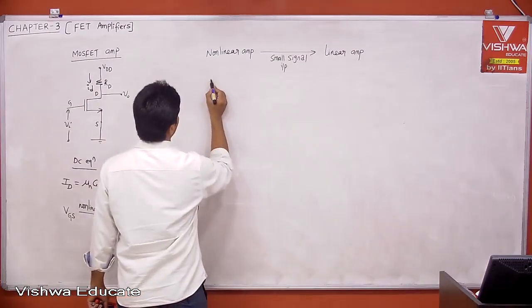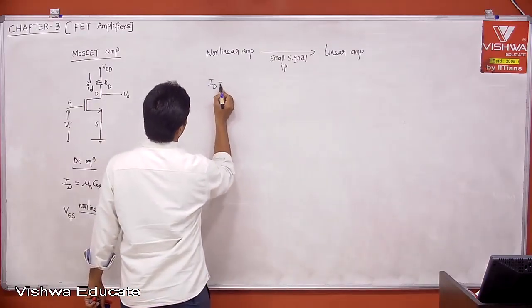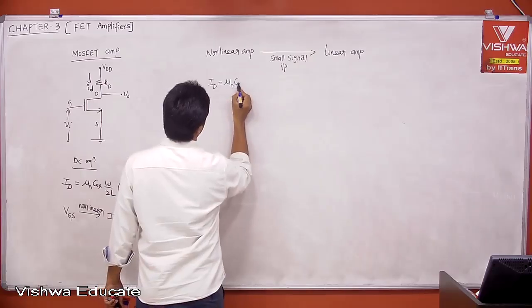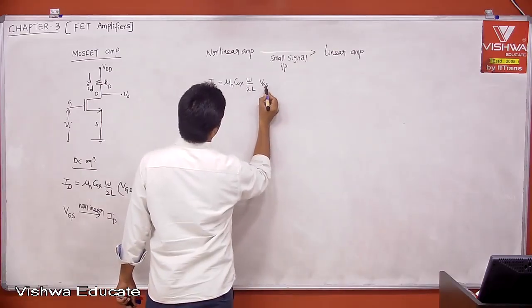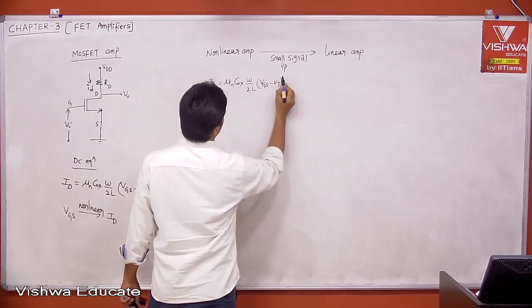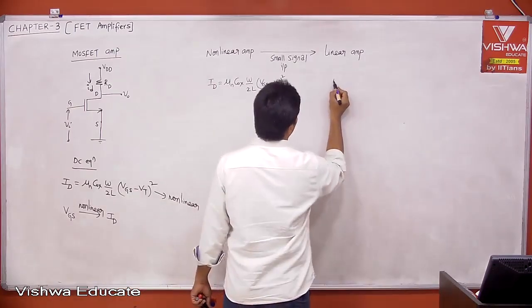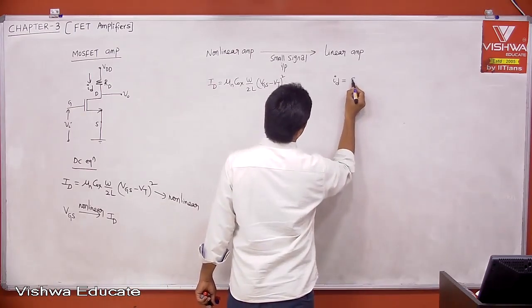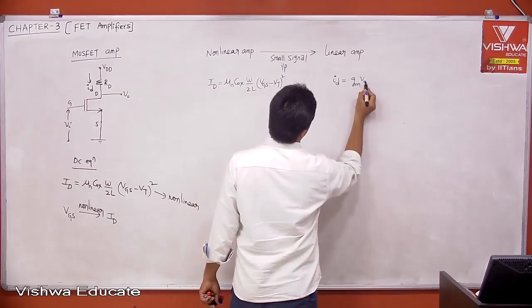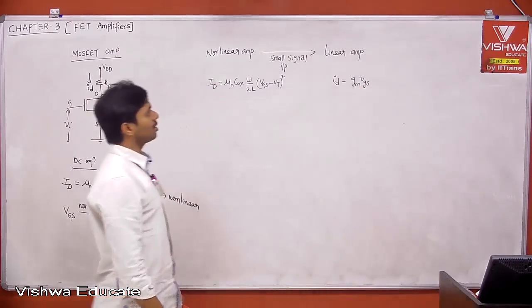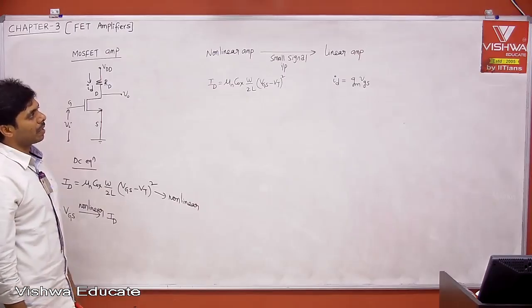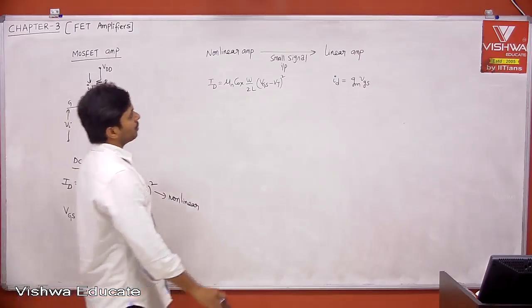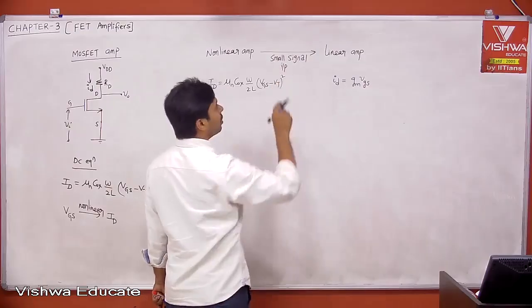If you ask me, non-linear means, let us say, ID is equal to mu n Cox W by 2L into (VGS minus VT) whole square. It becomes linear, meaning small ID is equal to gm into VGS, by applying a small signal. Remember, this is only for small signal inputs, only for amplifiers.